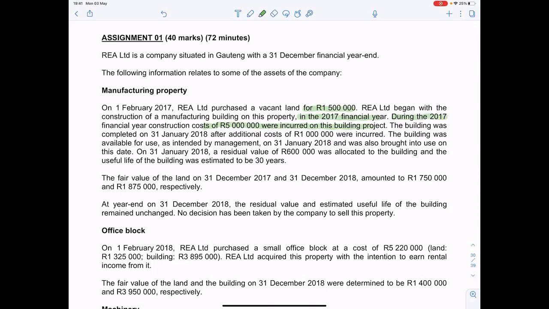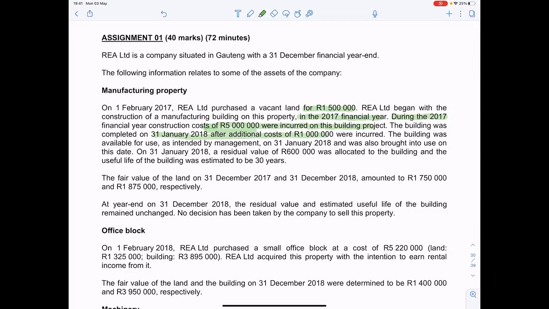Then they started building on the land, for a cost of 5 million in 2017. Then the building was completed on 31 January after an additional cost of 1 million. So in 2018, there's an addition of 1 million. In 2017, there's an addition of 5 million.